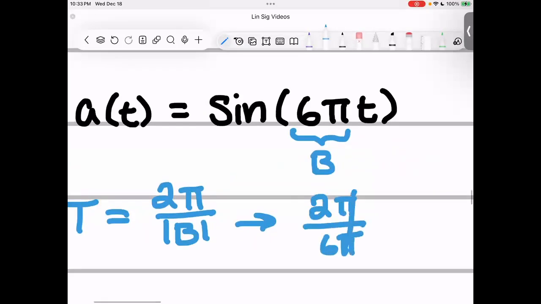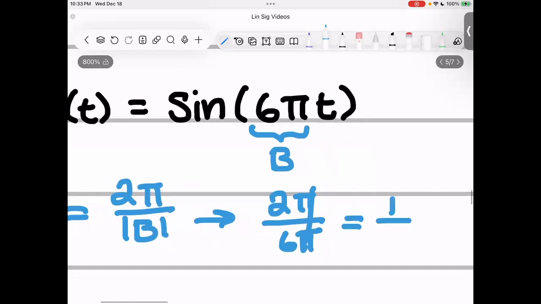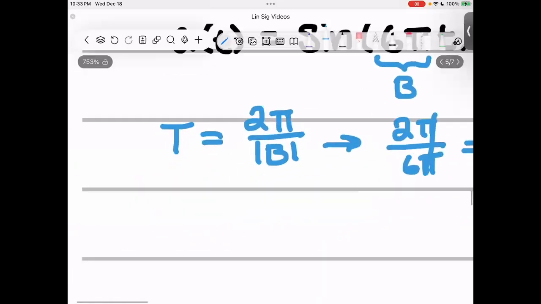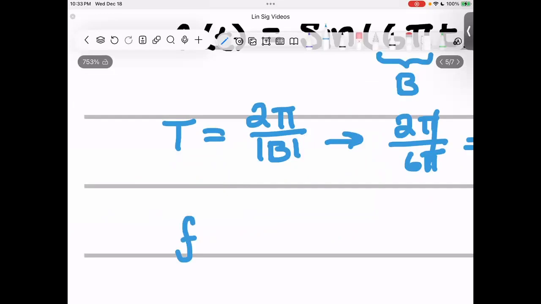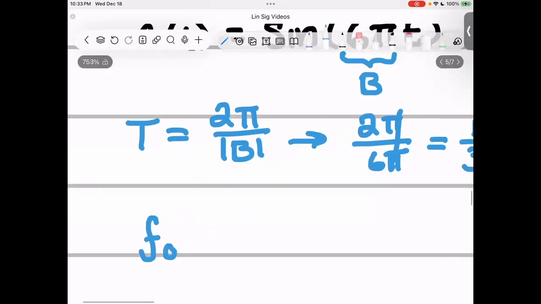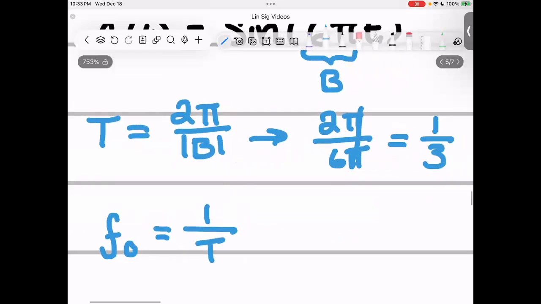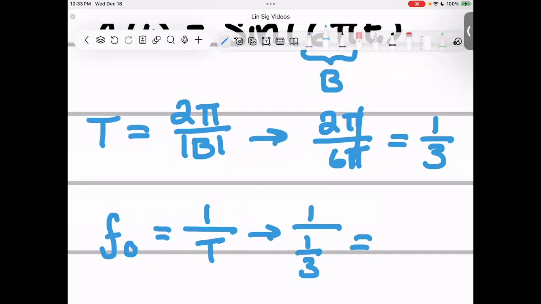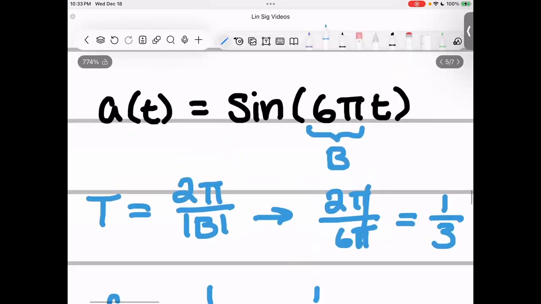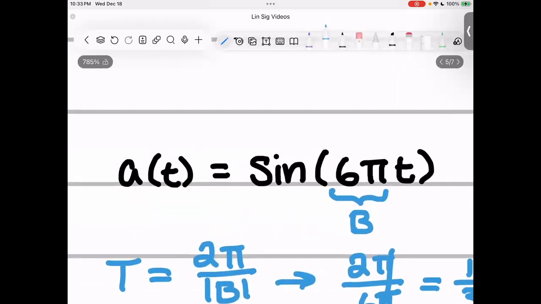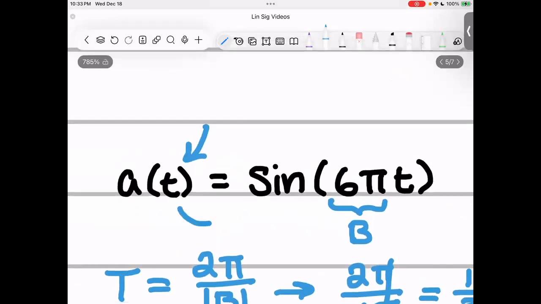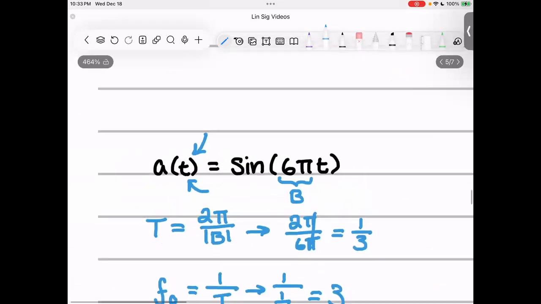The pi's cancel out, and you end up with 1/3 as your T. And then if we're getting our base frequency, f naught, we're going to get 1 over T, that's 1 over 1/3, which just equals 3. I want you to notice too that this is in the continuous domain, as you can see by the parentheses here and the fact that we're using t and not n.